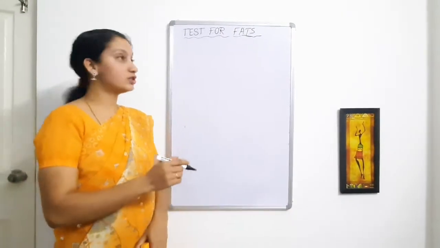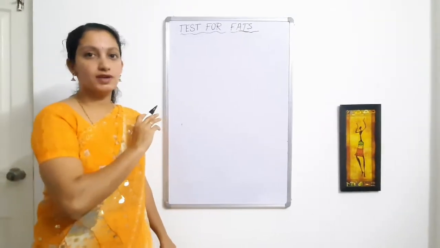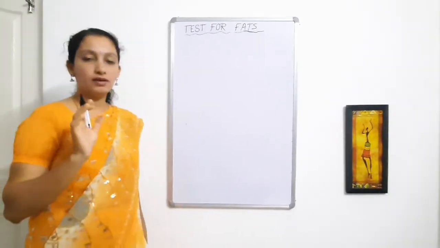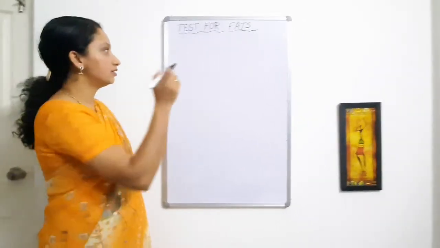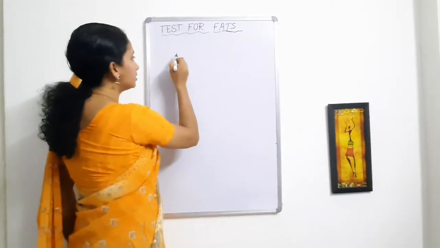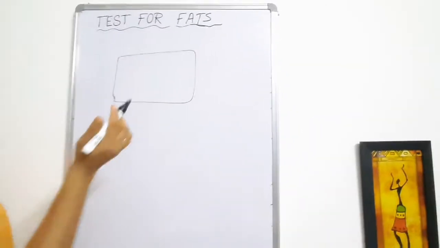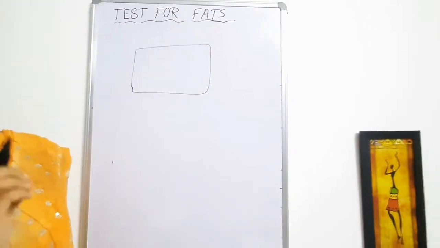Now we'll move into the test for fats. This is the last test we are doing today. For this, you need readily available things at home like brown paper. So take a piece of brown paper, and take any food item which contains fat.